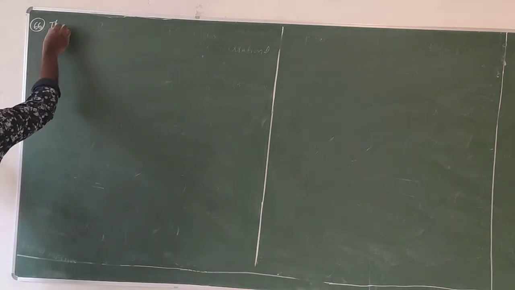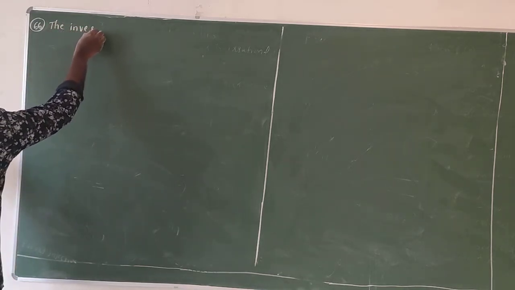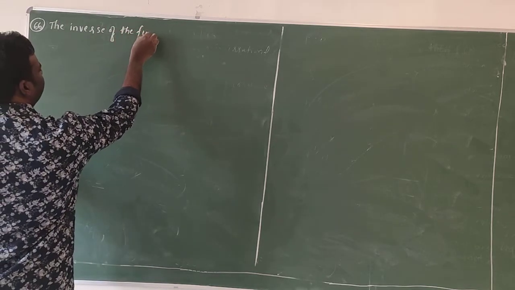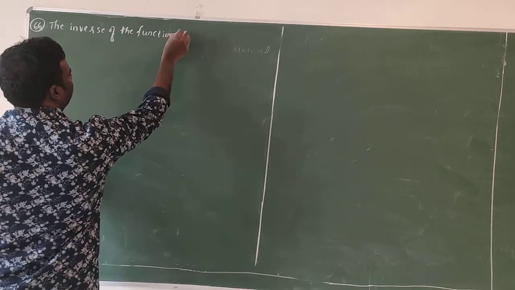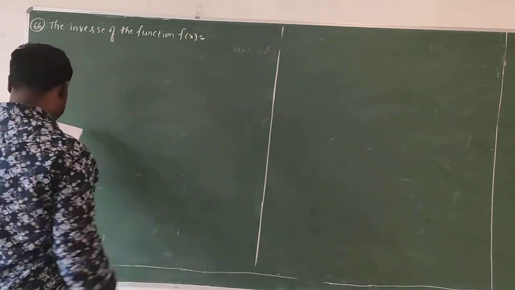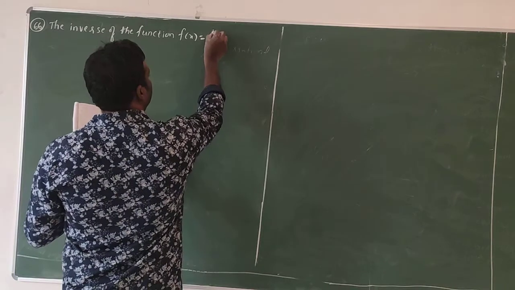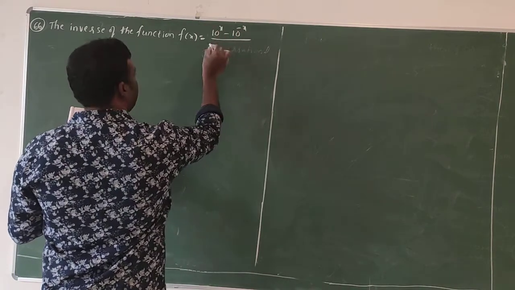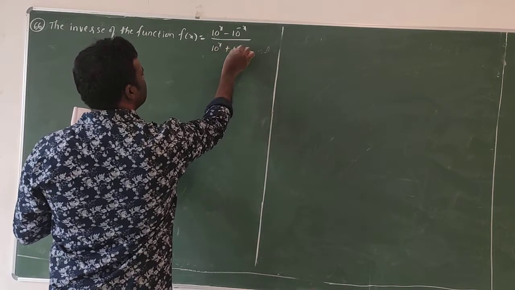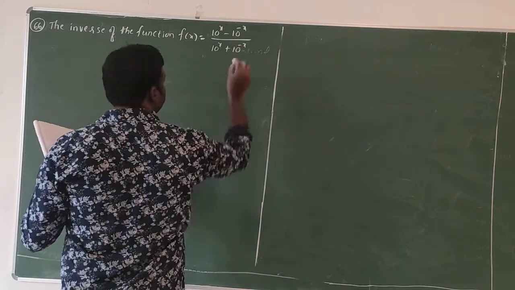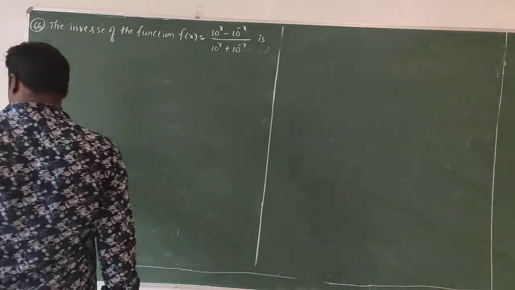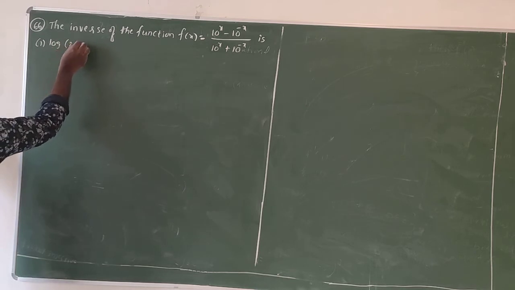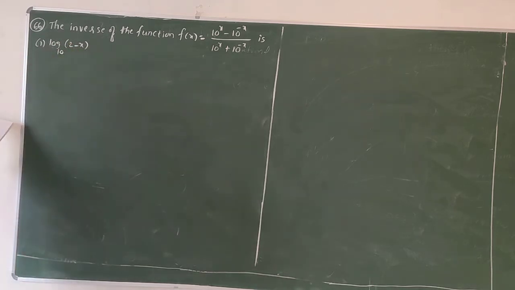The inverse of the function f of x equals 10 power x minus 10 power minus x by 10 power x plus 10 power minus x is, options: first option log 2 minus x base 10.